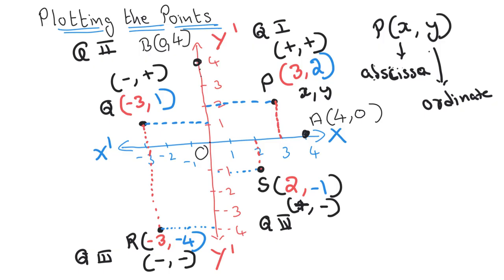So any point on the y-axis, the x coordinate will be 0. Any point on the x-axis, the y coordinate will be 0. What about the point that is, what are the coordinates of the point that is at the origin? They will be 0, 0.